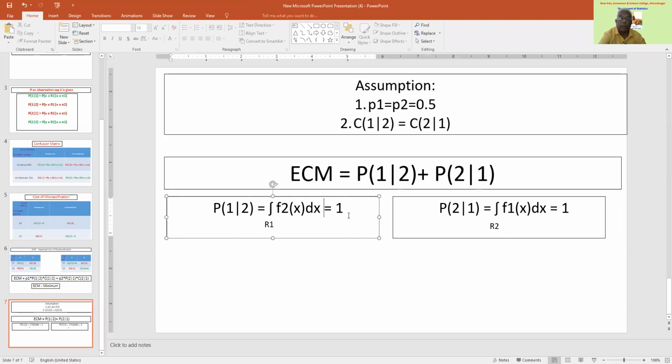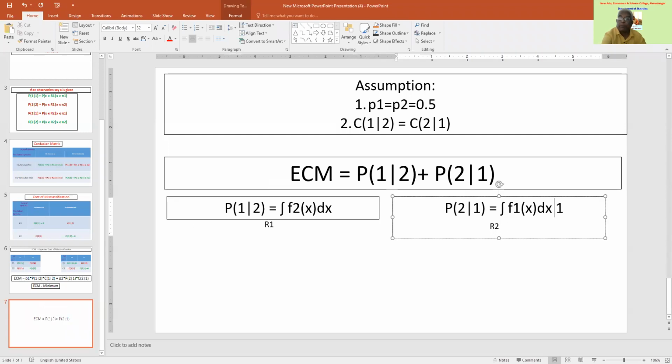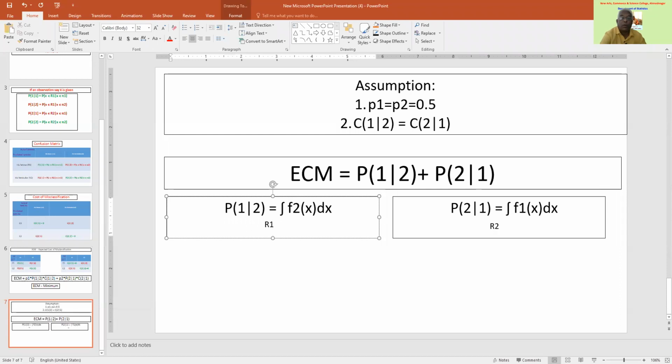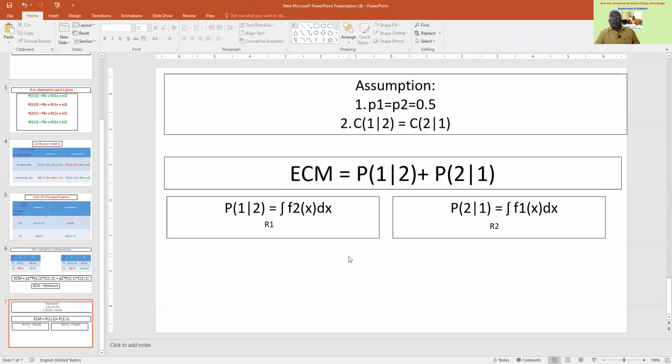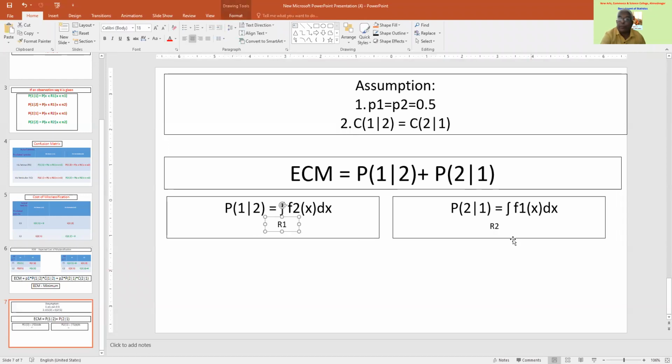It is not 1, deleted 1. Okay. These are the two probabilities, and we have to add these two together.